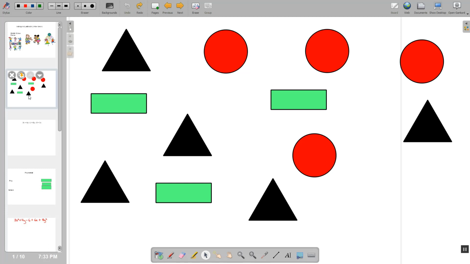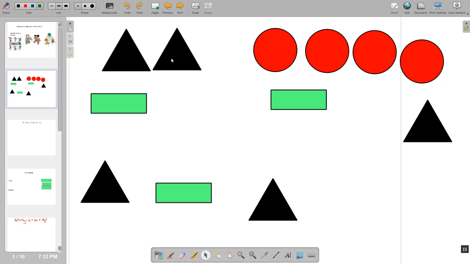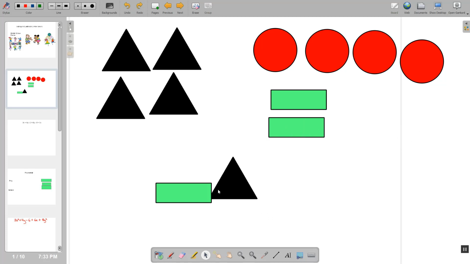So, as we look at these problems, I want you to think about, instead of just boys and girls at a dance, I want you to think about colored shapes. So as we have this crazy mess of a problem, this is a lot like an equation, okay? And so we have 4 red circles that we can regroup and draw together. We have 5 black triangles that we can regroup and draw together.